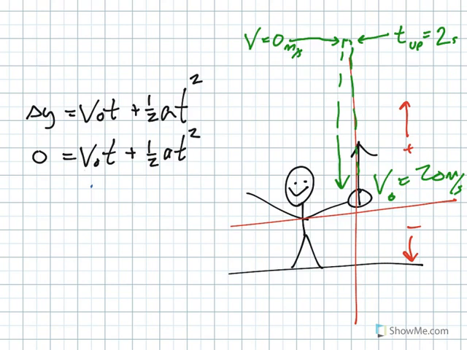Now it's algebra time, right? Because we want to solve for V naught. So algebraically, we want to get this V naught t term by itself, so subtract 1/2 a t squared from both sides.